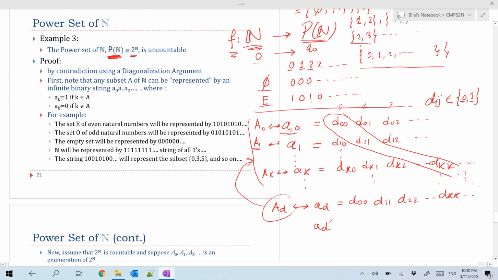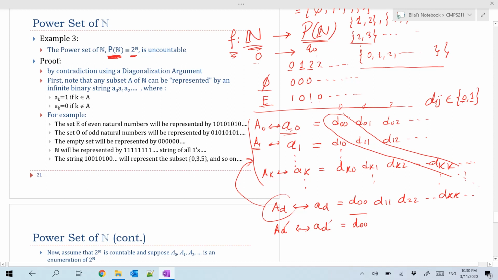We are going to define a new sequence that will create a subset AD prime. This sequence will have d0,0 bar, actually. So instead of using something different, I can use this complement notation: if d0,0 was equal to 0, I will put 1 here.